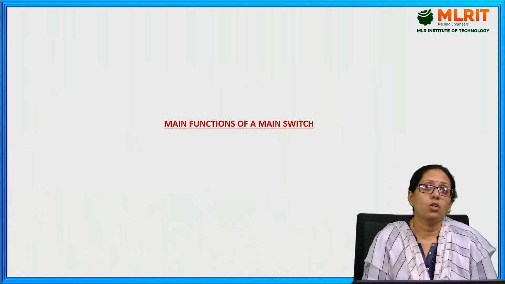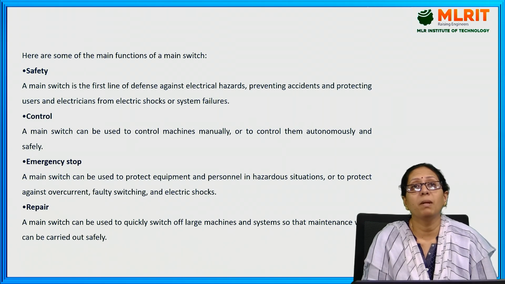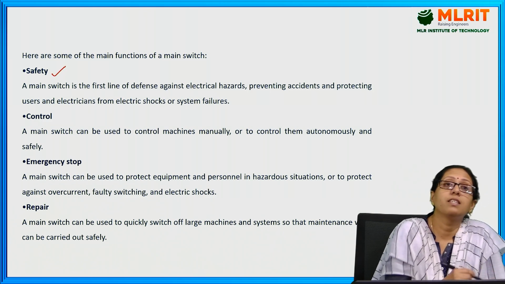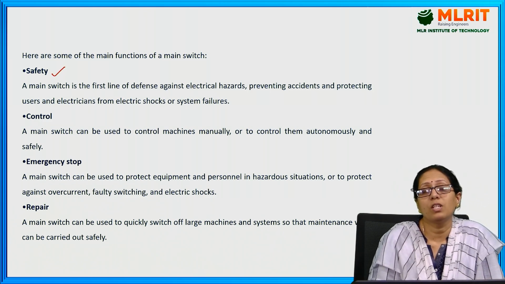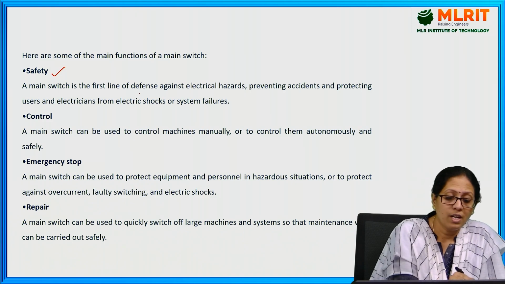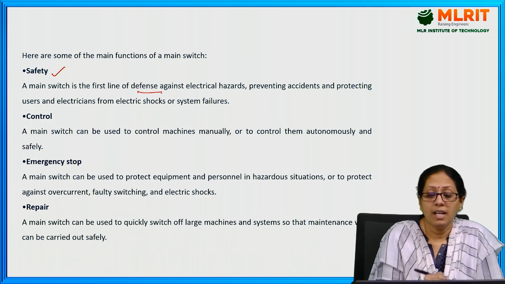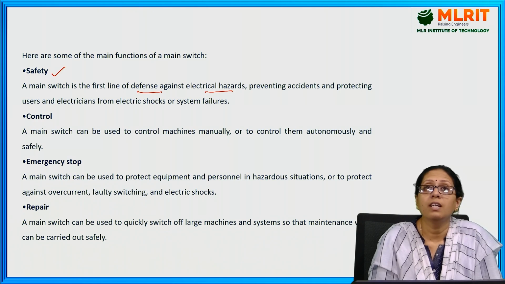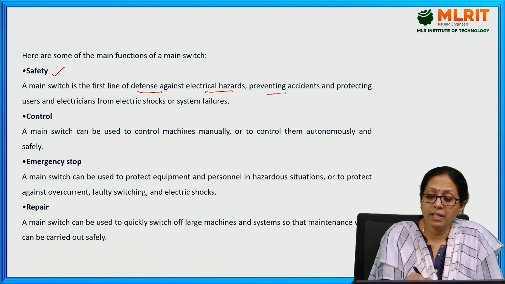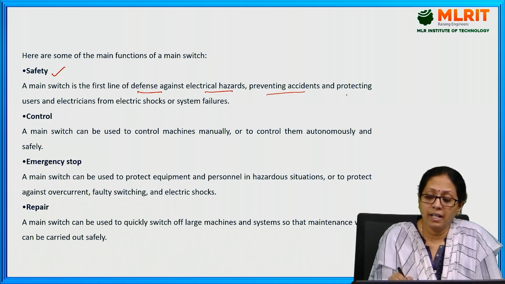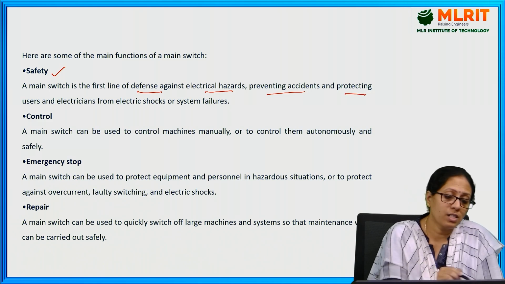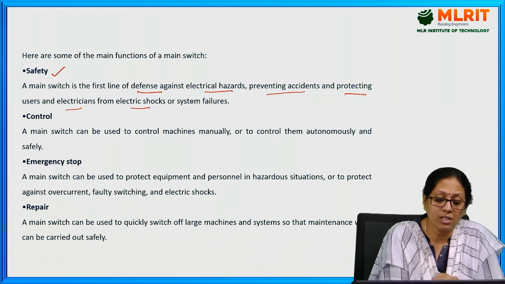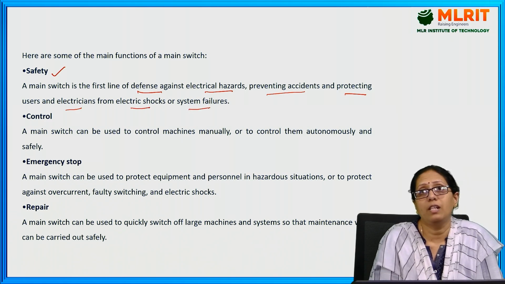Main functions of a main switch. What are the main functions of the main switch? The first function is safety. The main switch is the first line of defense against electrical hazards, preventing accidents and protecting the users as well as electricians from electrical shocks or system failures.